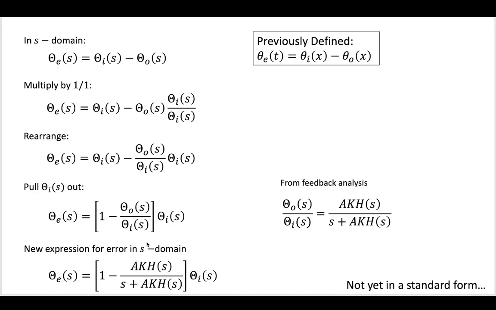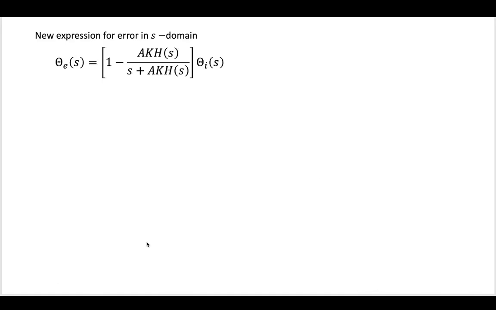So if we see this, though, this is not quite yet in what would be considered a standard form for the S domain error. We often put these in a standard form that's easy to move back and forth between using Laplace transform. So let's try to see if we can put this into a standard form.